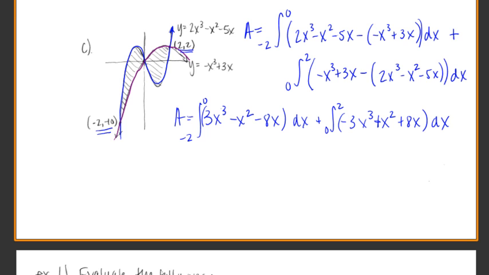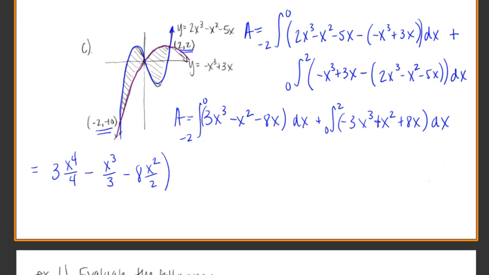Alright, we're going to integrate down the line. So, starting out, the integral of 3x cubed will eventually be 3 times x to the 4th over 4, minus, I'm going to wait and put all my bounds in in just a second, but minus x cubed over 3, and then minus 8 times x squared over 2.